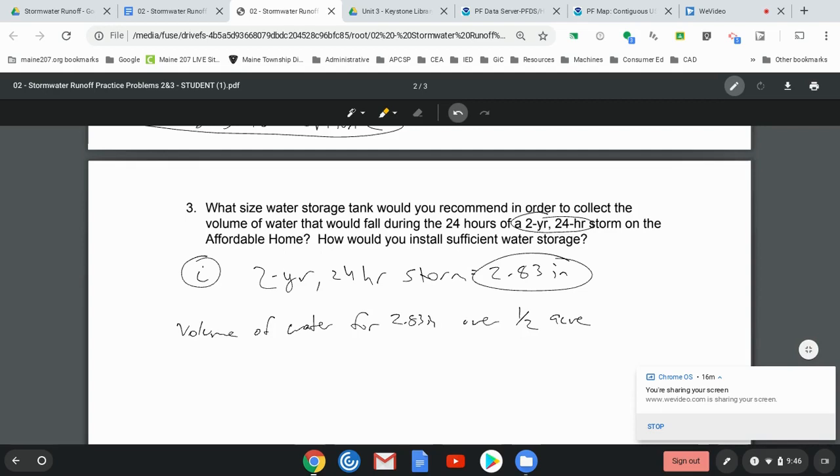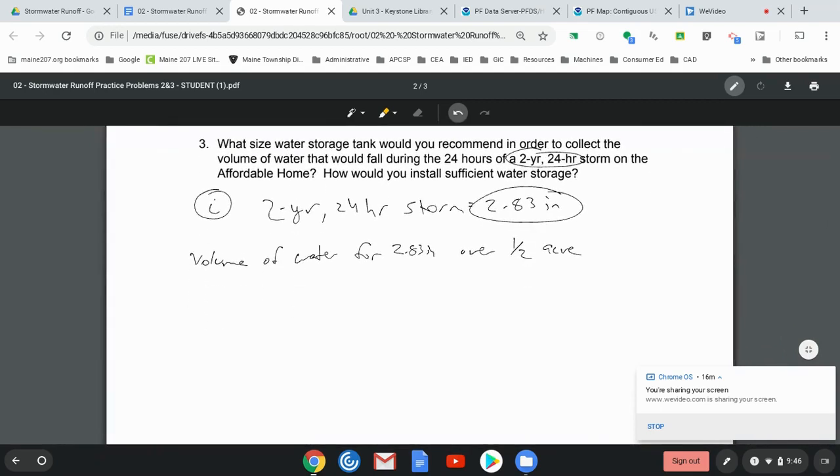There's a unit that engineers use called acre-feet. You're figuring out how many feet of water are spread out over this entire area.